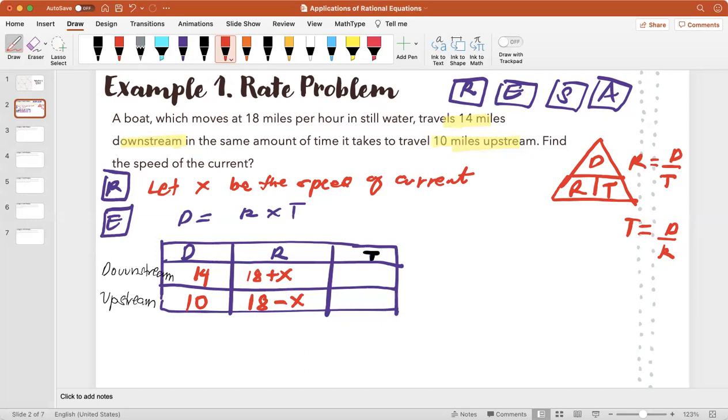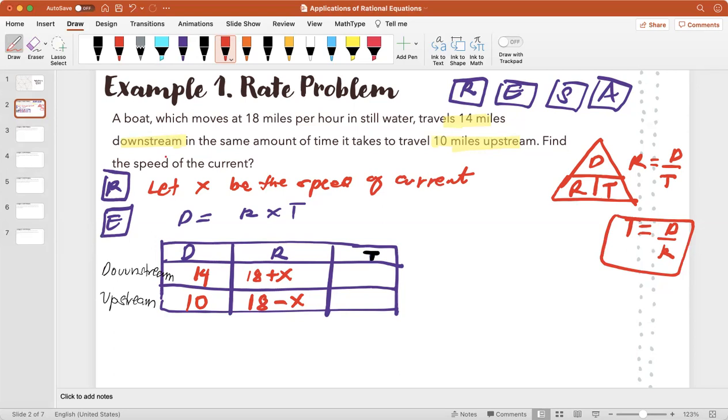How about the time? We can come up with an expression for the time. Since there's no data about the time, we can make use of T equals distance over rate. And do we have a distance? Yes, we have 14. We have a rate, it's 18 plus x.